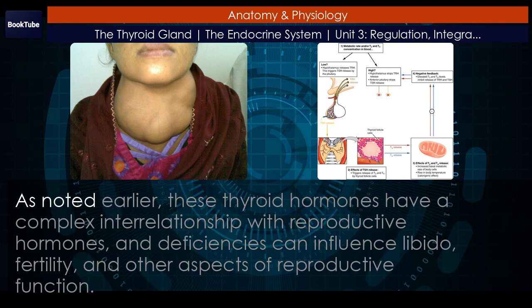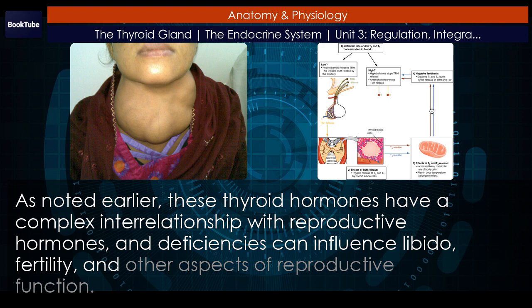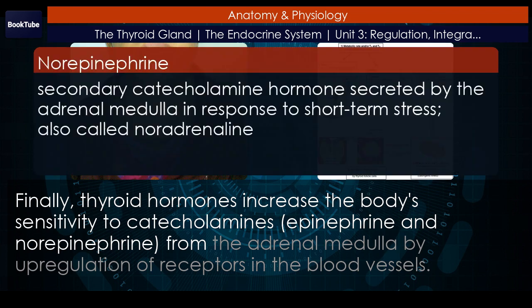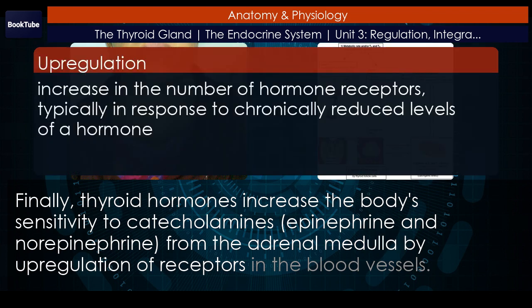As noted earlier, these thyroid hormones have a complex interrelationship with reproductive hormones, and deficiencies can influence libido, fertility, and other aspects of reproductive function. Finally, thyroid hormones increase the body's sensitivity to catecholamines, epinephrine and norepinephrine, from the adrenal medulla by upregulation of receptors in the blood vessels.